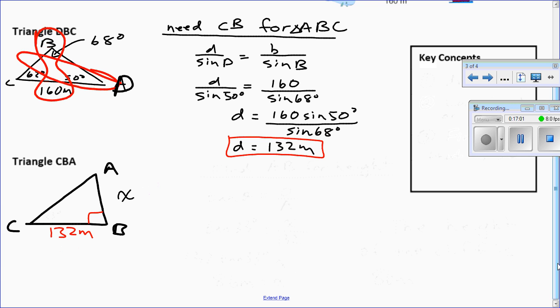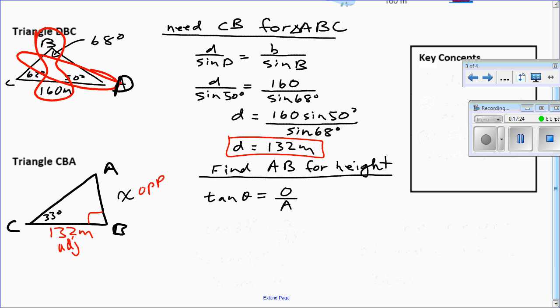So we have 132 meters, and its angle is 33 degrees for angle C. I'm going to label X as the unknown so that it saves me some time. This is the opposite, and this is the adjacent side.